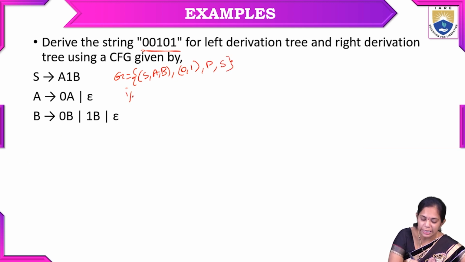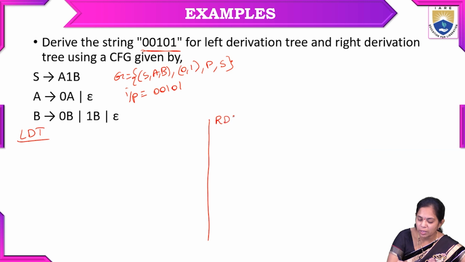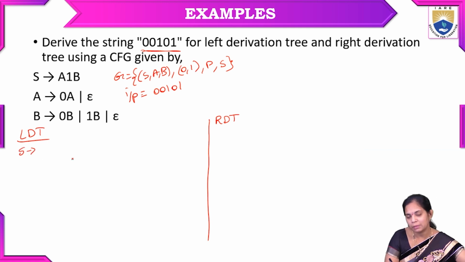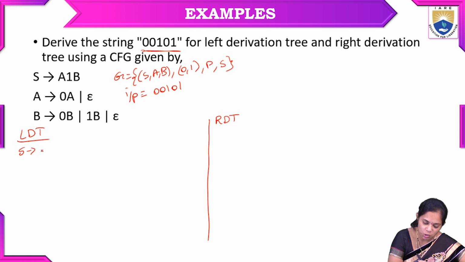The input string is 0, 0, 1, 0, 1. For the construction I am dividing into LDT and RDT, the leftmost derivation tree and rightmost derivation tree. For the same input string, let's first derive it from the production rules. S tends to A, only one production rule we have.